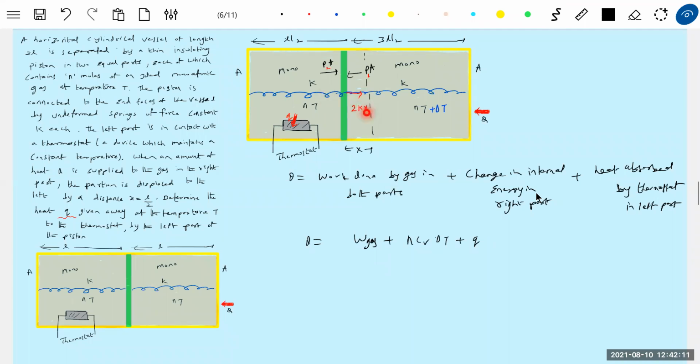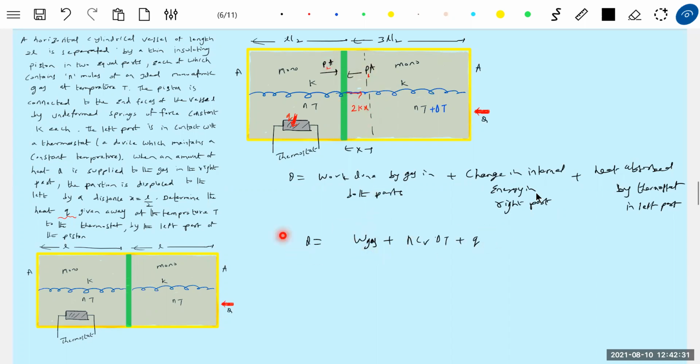Because both springs are in series, 2k. How much this one will elongate, that much the other will compress. So 2kx I'm writing. Why am I not bringing the work done by the spring force? Let's see that. What will happen to these forces, P1A, P2A and 2kx? All these three forces are doing work. I'll see that one.